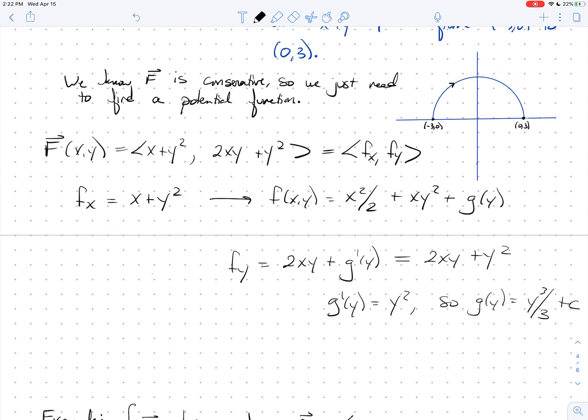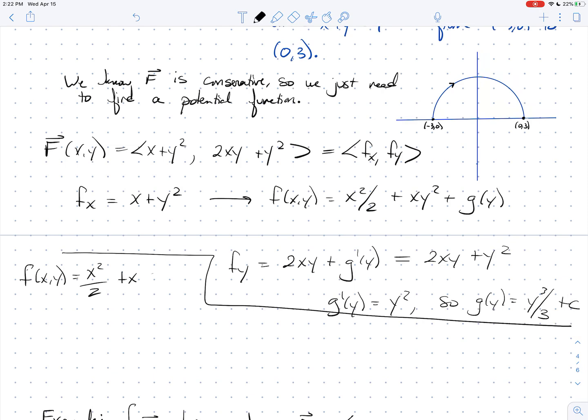And so that means for my potential function, I'm running out of room. Let's see if we can squeeze it here. My potential function is f of x, y equals x squared over 2 plus xy squared plus y cubed over 3. Now, you could pick any constant you want. I'm just going to pick c equals 0.